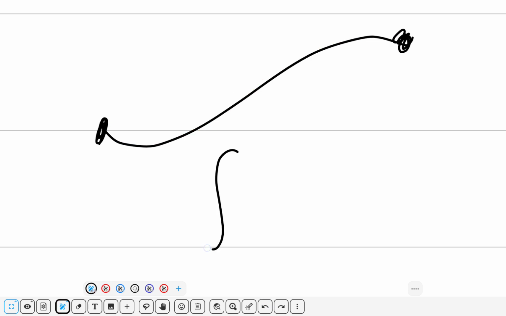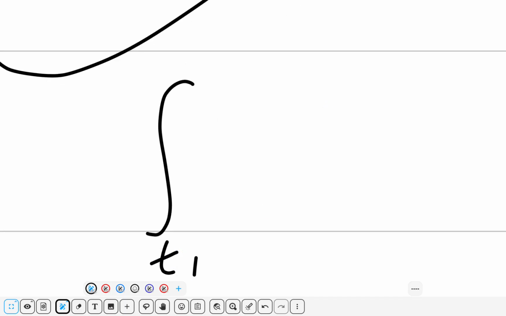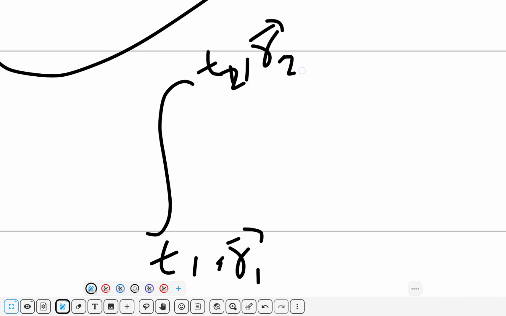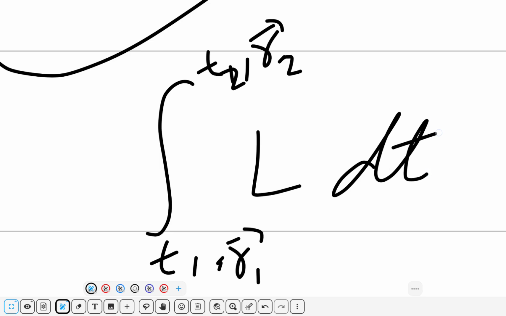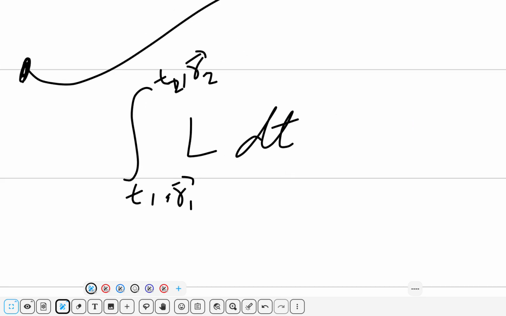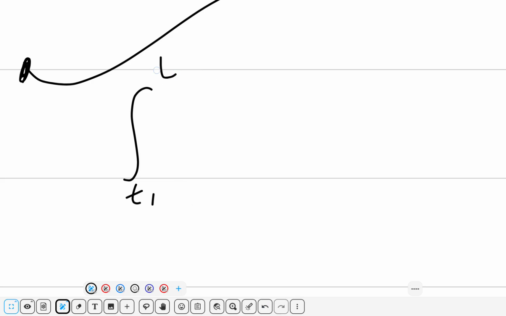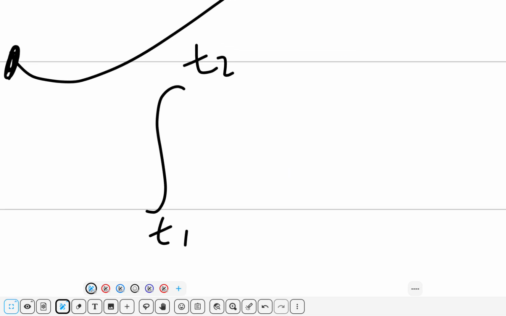And so basically it started somewhere at some time, and it goes to some other place at some other time. So let me make it more simple. Just T1 to T2, the moment you know T1 and T2, the position should also be determined.